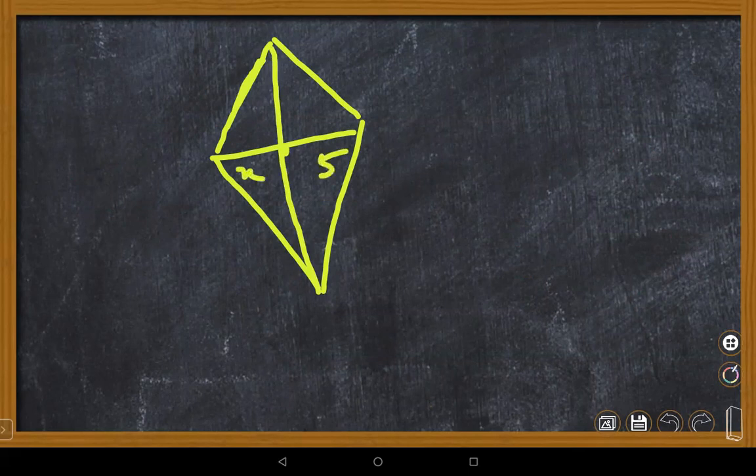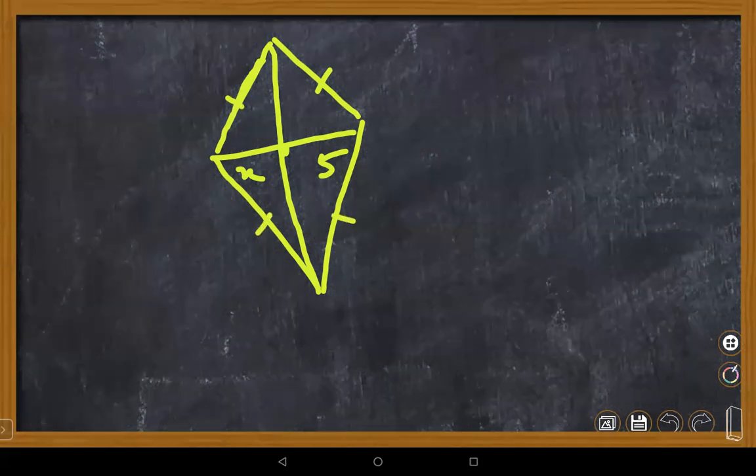This is 5 centimeters. This is X. All sides are equal to represent this is a rhombus.